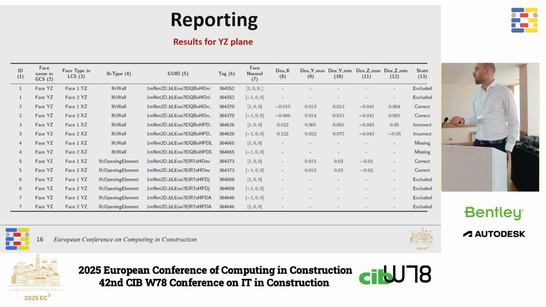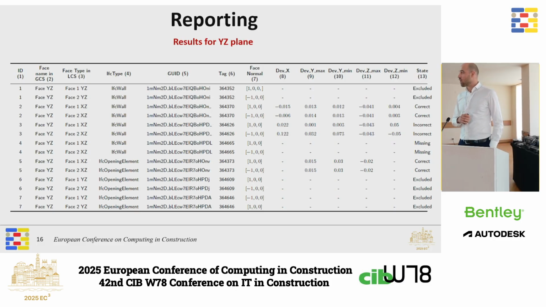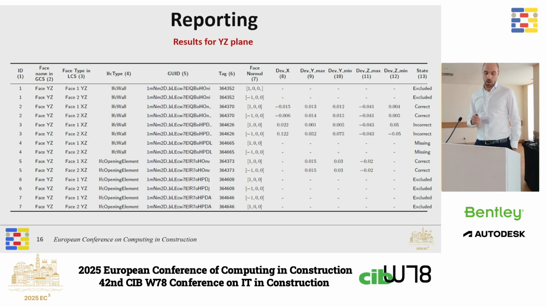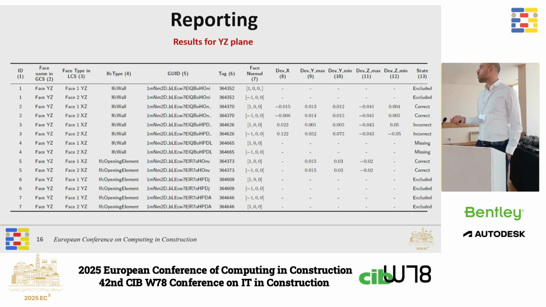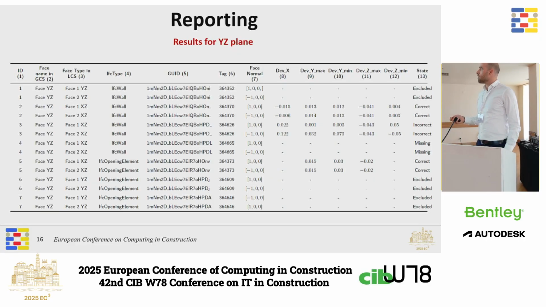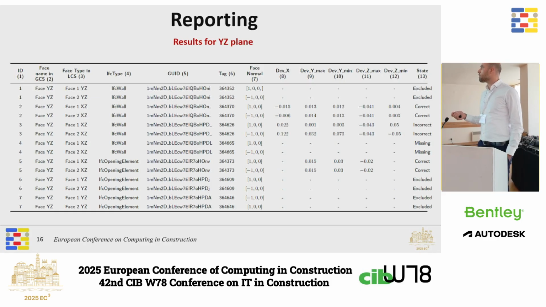We report our results in table format. We report the results for every phase that we have in our BIM model. And we managed to report the IFC building element in which the phase belongs by reporting the IFC type, the global ID, the tag, and so that we want to know.